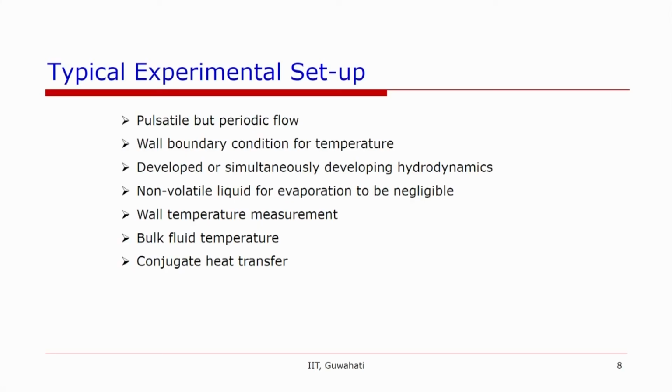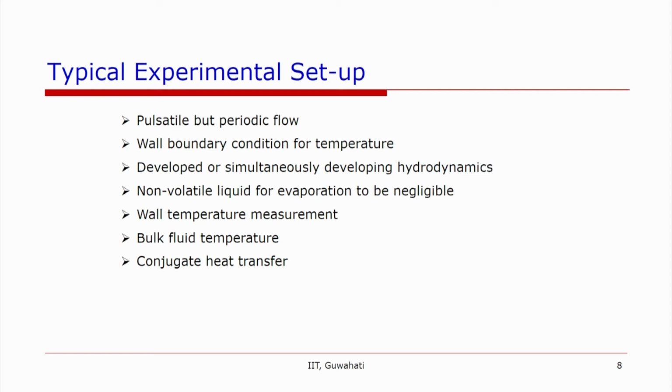Now, the question comes: when we measure, what is to be measured? So, Nu is equal to h d over k. If one has specified a constant wall heat flux, which is generally the case during experiments, then what needs to be measured is T wall and T bulk.